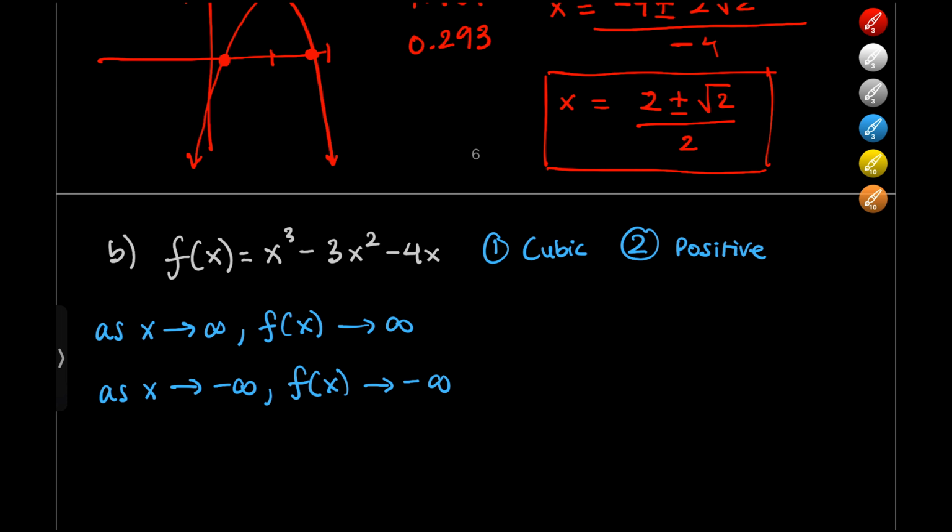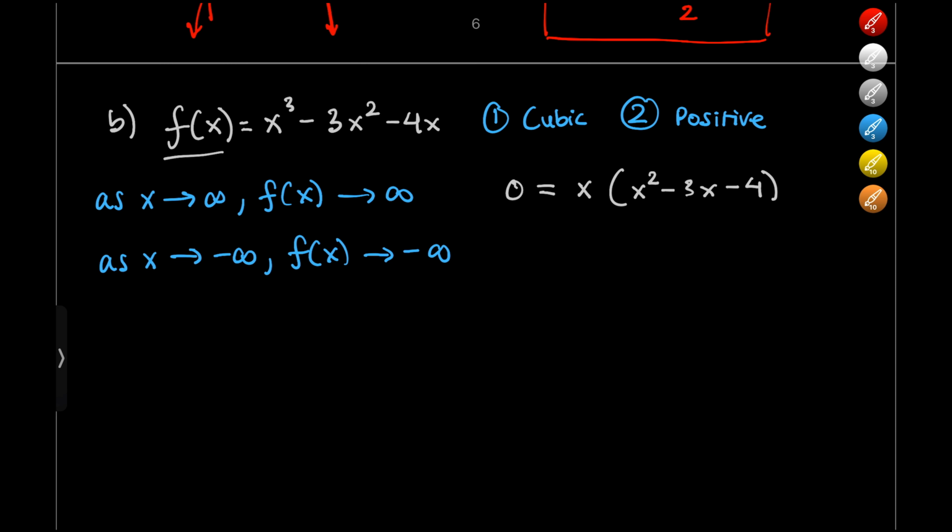So immediately I could see that all terms have an x in them, so I could factor out an x from each term, and also f of x equal to 0, so it becomes 0 is equal to x times x squared minus 3x minus 4.